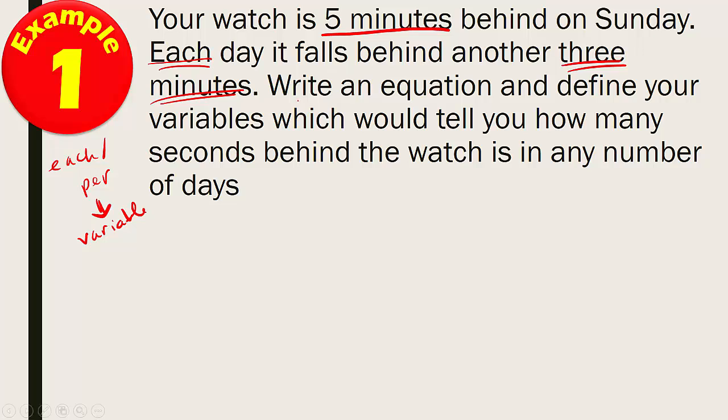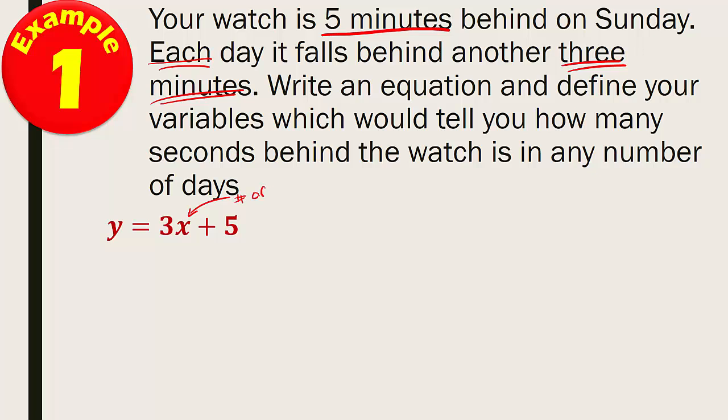We need to write an equation and define your variables, which would tell you how many seconds behind the watch is on any number of days. Alright, so I covered up our equation. This would be our equation. Y equals 3x, so like remember I said each day, so this is like number of days.